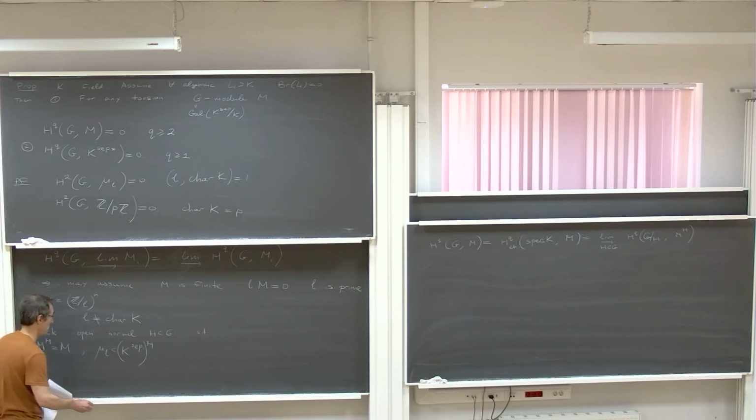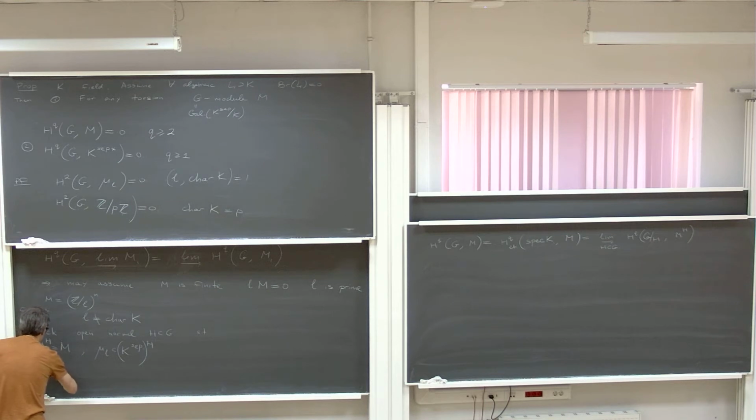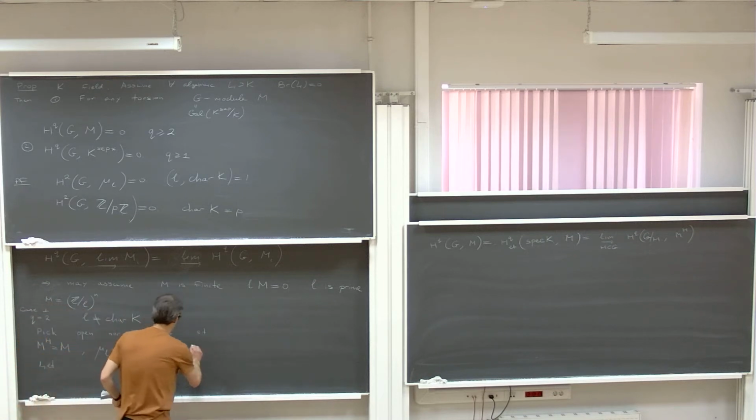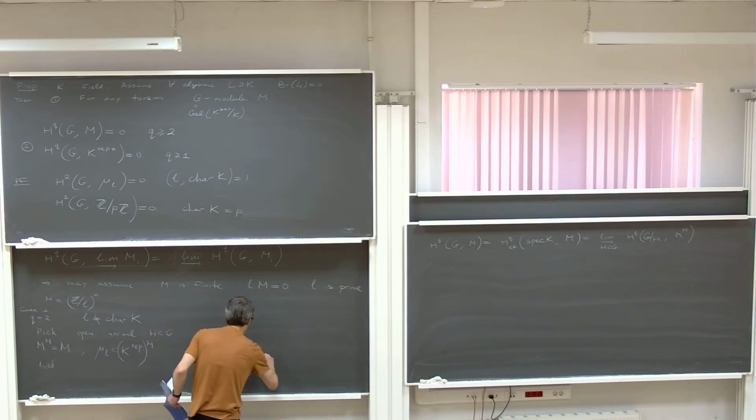Now the trick is the following. So I have G, H, and I will pick a larger subgroup, H prime.